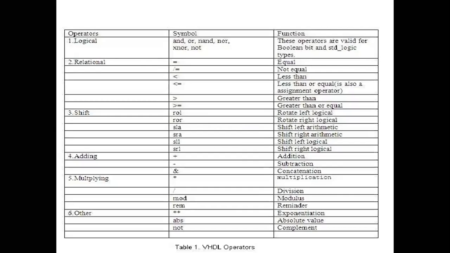Example, A greater than B. Next relational operator is greater than or equal to. So under relational operators, we have equal, not equal, less than or equal, greater than or equal. So you must remember these symbols.